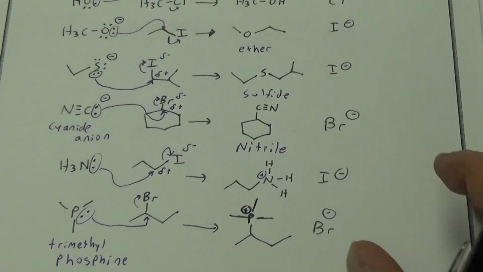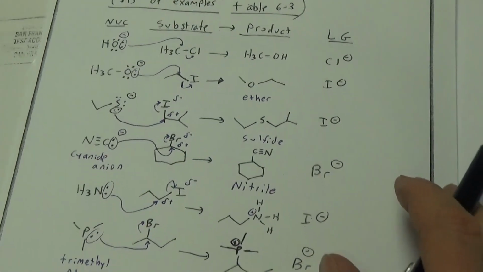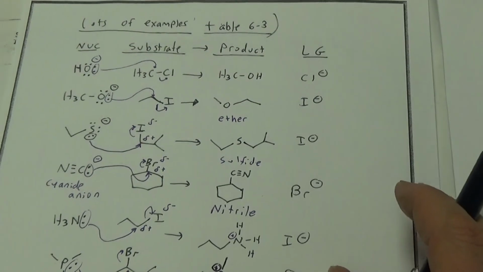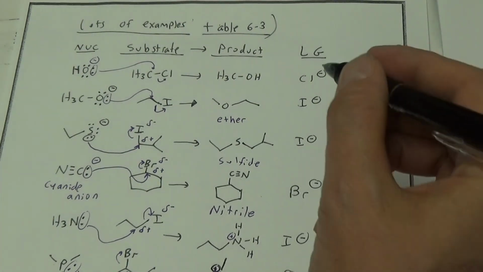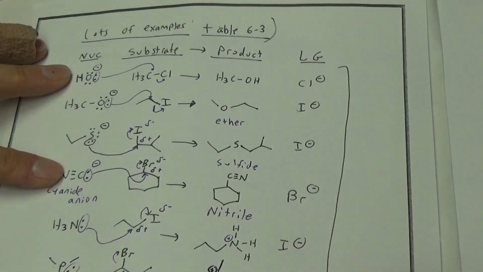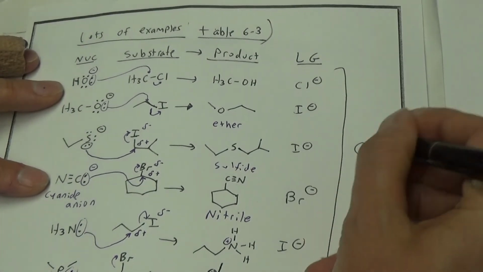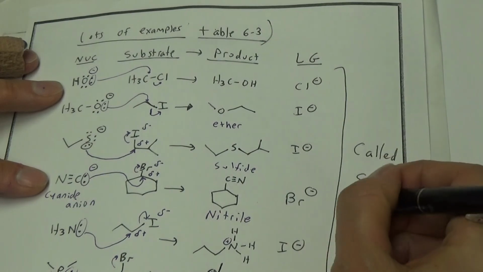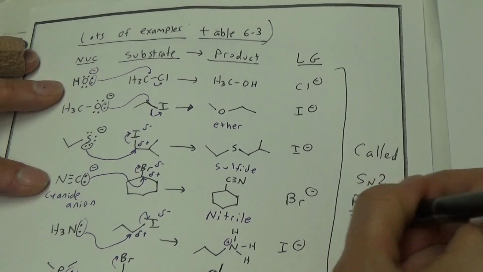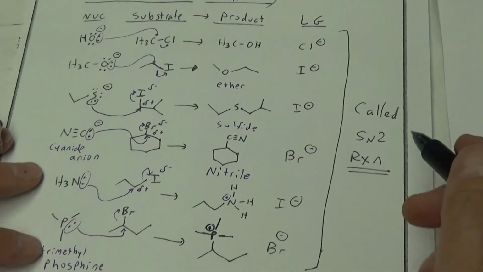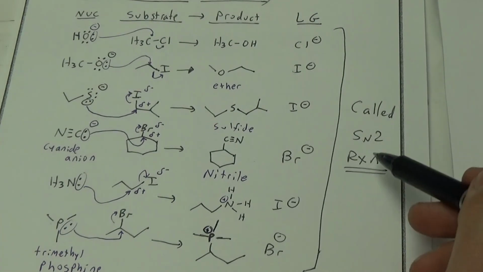Okay, a couple other things. We have this huge sheet now. All of these are called the SN2 reaction. All of these are examples of what we call the SN2 reaction.